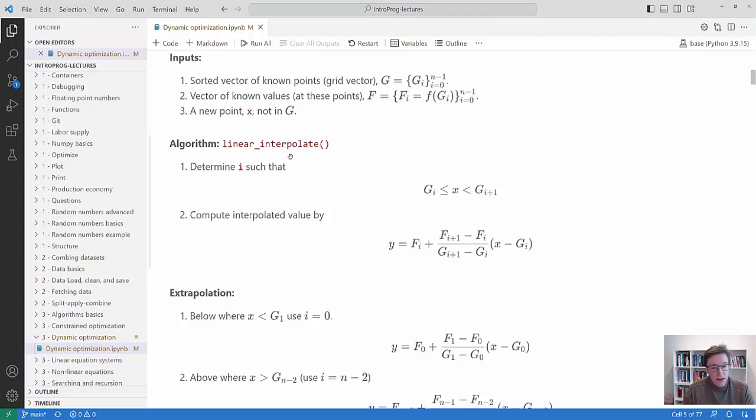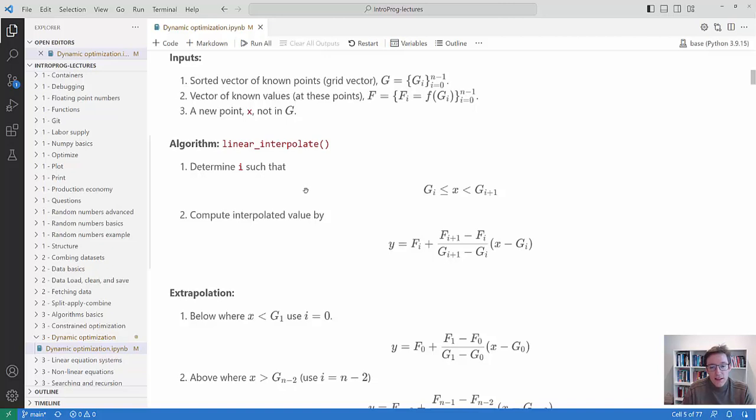And that's rather simple. The idea just is that you find an index i into the grid vector such that x is larger than or equal to the i-th value in the grid, but smaller than the next value, the i plus 1 value in the grid.